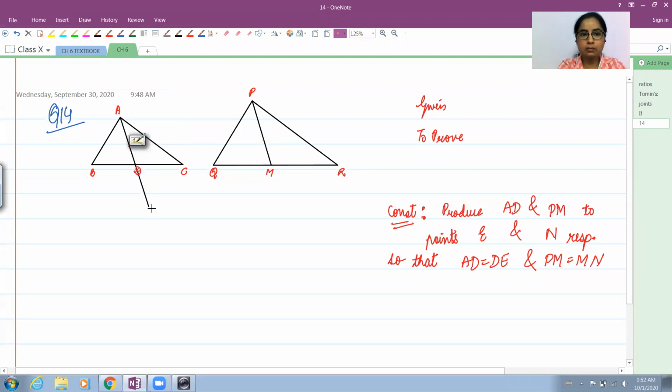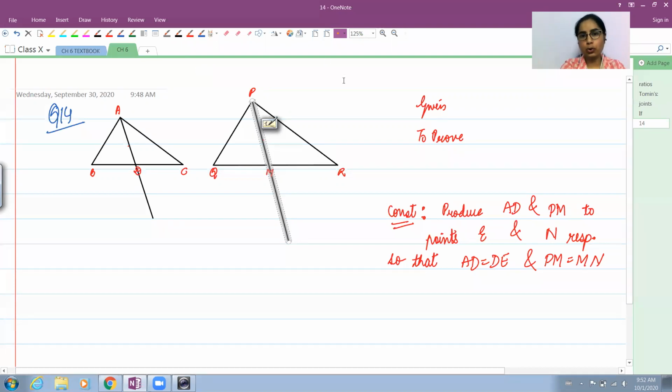I'm going to extend the median in such a way that it's actually double its size. Same thing will be done to PM, extend it so that it becomes double its size.